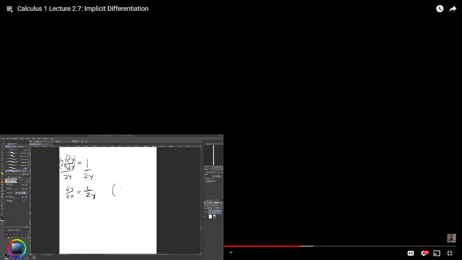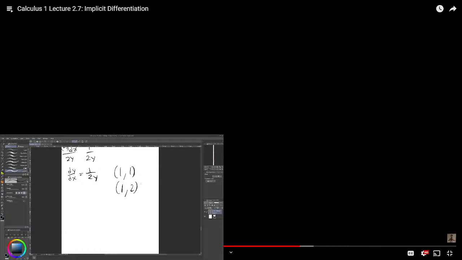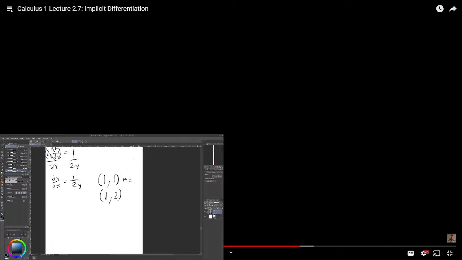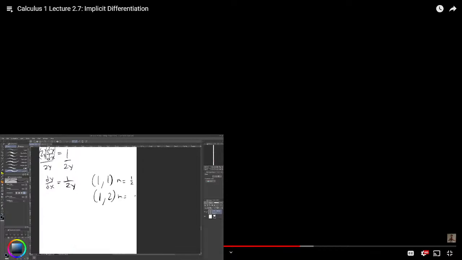Alright, well here's my points, for no reason. 1, 1 and 1, 2. So if I curve it up at 1, 1 would be half. So if I curve it at 1, 2, be a fourth.